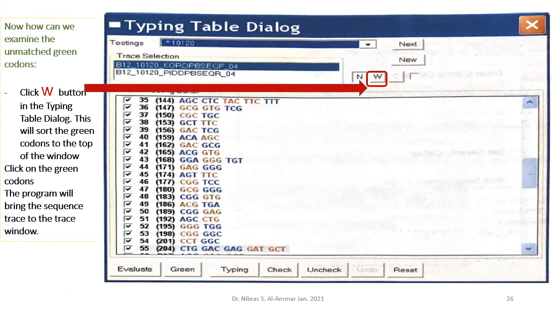Now, how can we examine the unmatched green codons? We click the W button in the typing dialog. This will sort the green codons to the top of the window, and then we click on the green codons. The program will bring the sequence trace to the trace window.